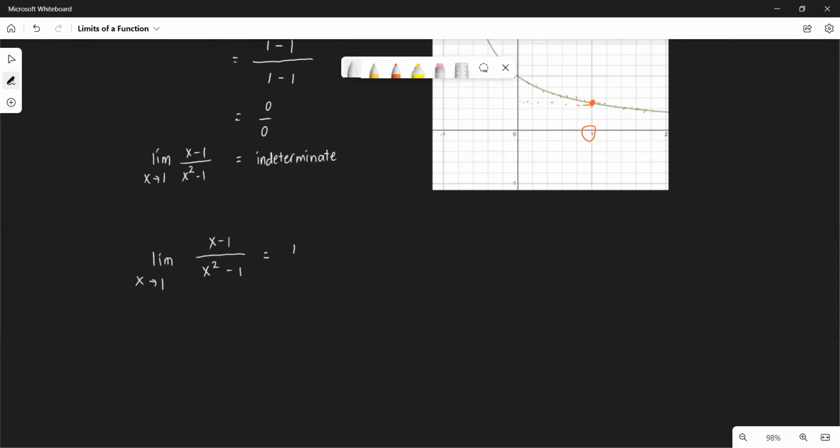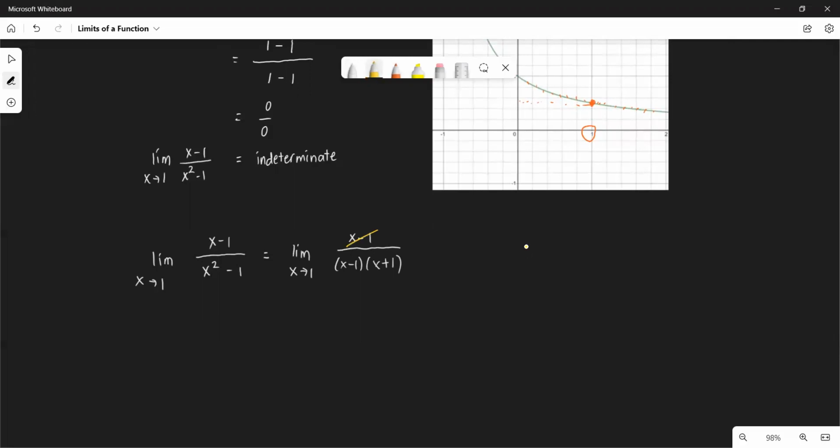We are not yet finding the limit. We are transforming the function first so that we can apply the properties. So make sure to write the complete notation. So you have x minus 1, and then x squared minus 1 can be written as x minus 1 times x plus 1. So there's a common factor.